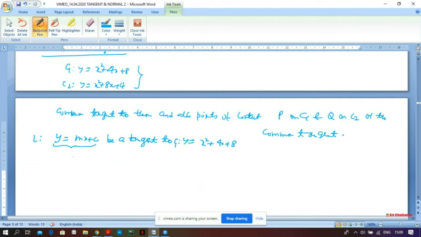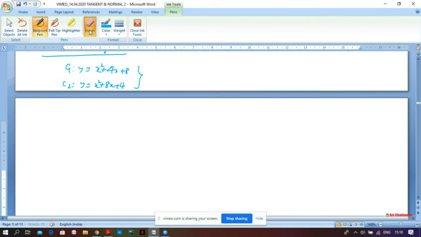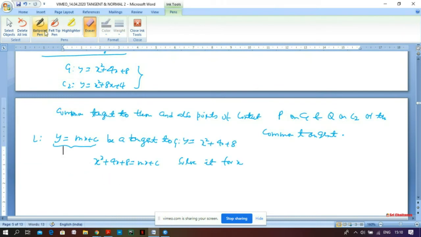If this is a tangent to the curve, it means if I solve the line with the curve, that is x square plus 4x plus 8 is mx plus c, and rearrange the quadratic, x square plus (4 minus m)x plus (8 minus c) equal to 0.